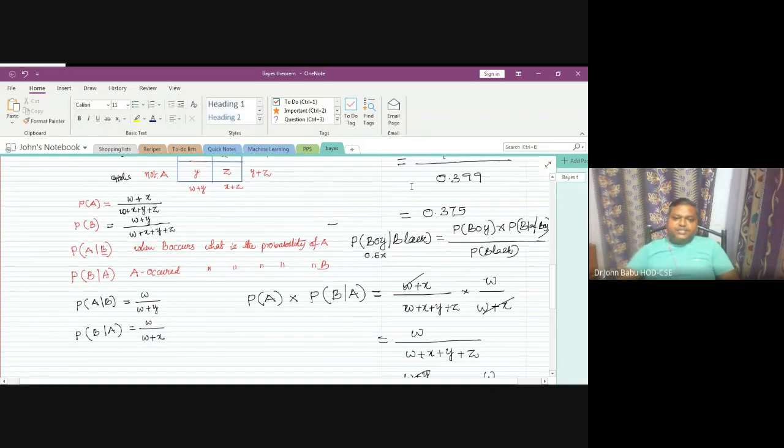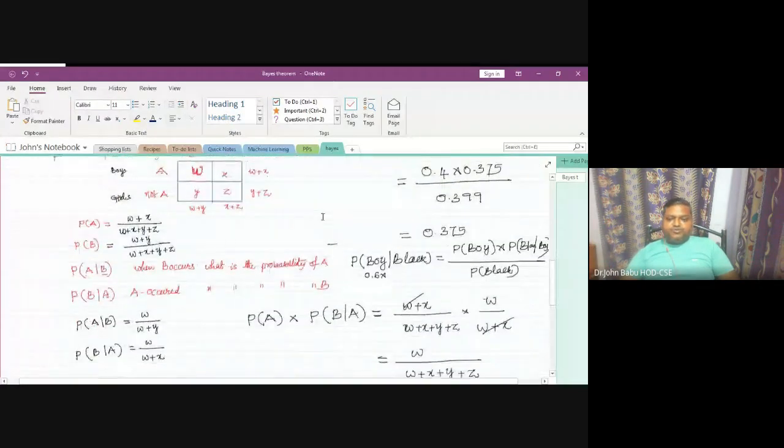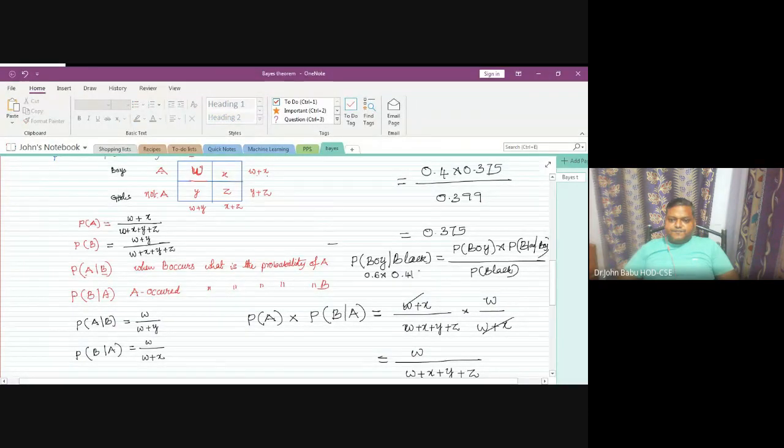And probability that black given boy is 0.4166, by it is 40%, so 0.4. So what is the probability? It is approximately 60% probability, 0.6.